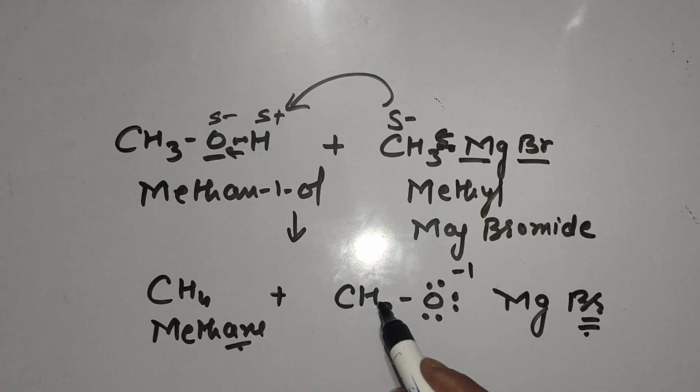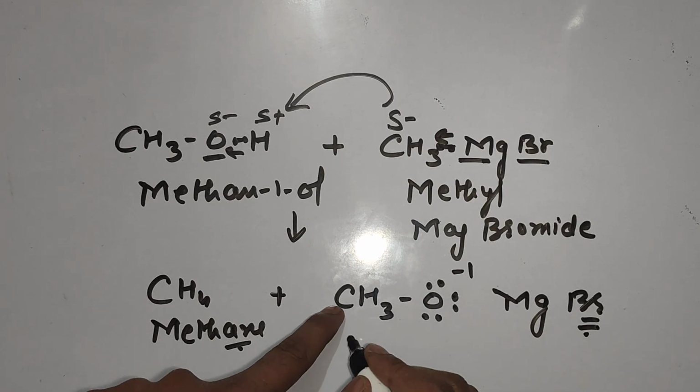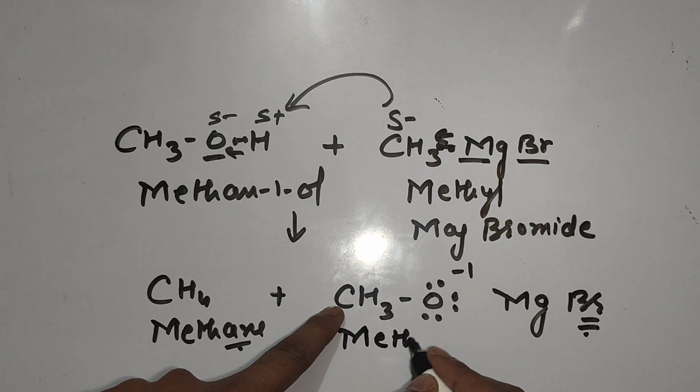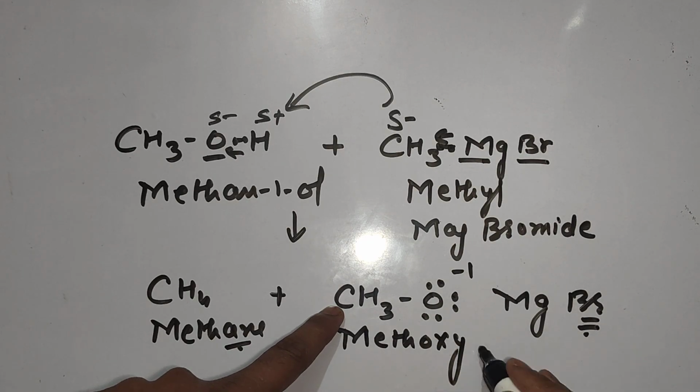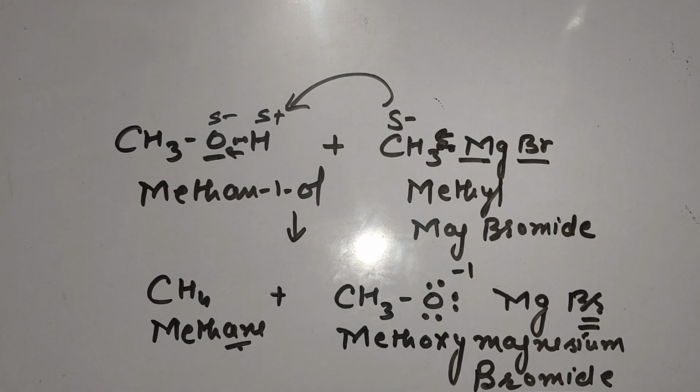We will not use the word alkoxy here because now we have a particular alkyl group, methyl. So we will call it methoxy magnesium bromide. Methoxy magnesium bromide.